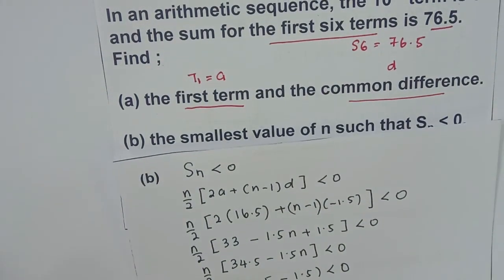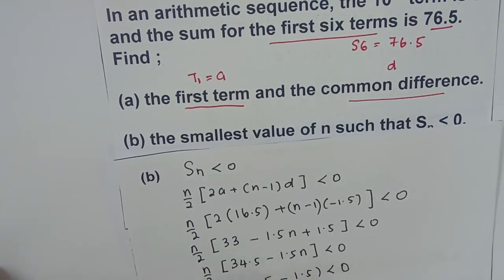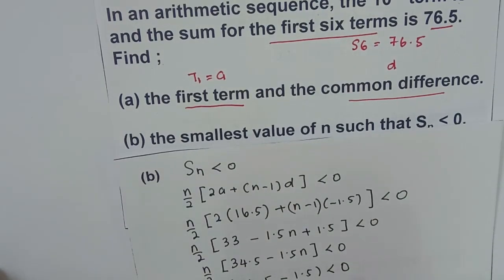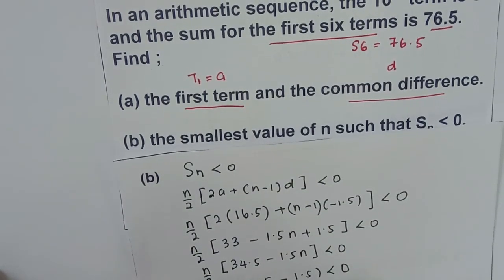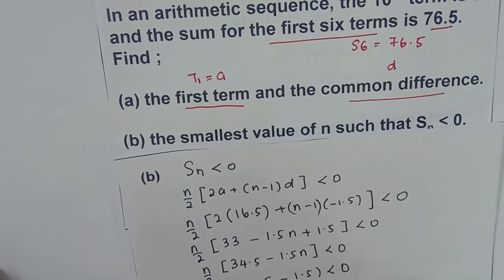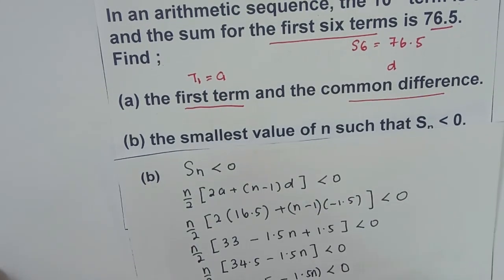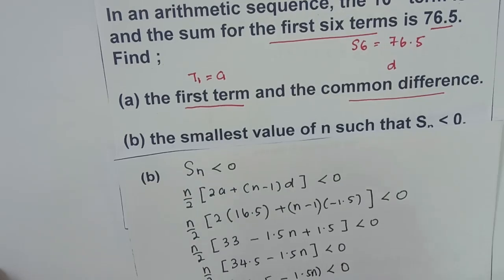Okay, so to solve this inequality, apply the graphical method. Before I apply the graphical method, I multiply both sides by negative: n times 1.5n minus 34.5.